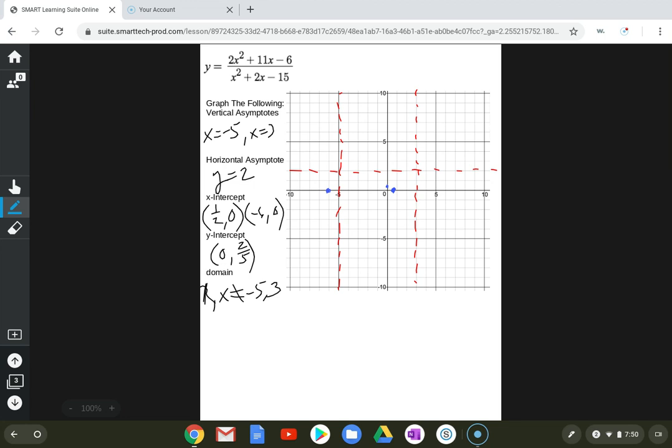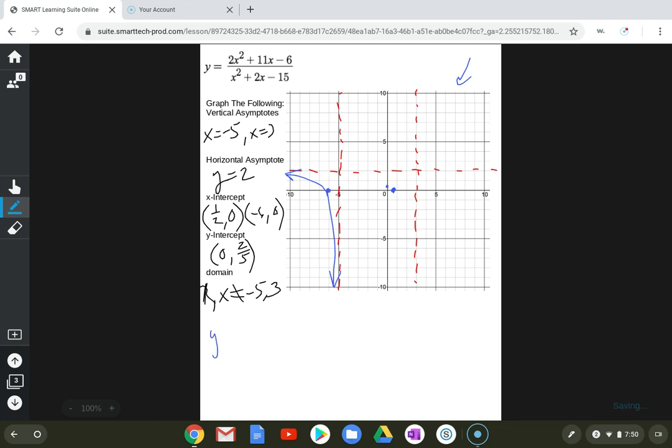Okay. All right, so now how does this graph work? Well, we know that on the left side, we're going to follow the asymptotes going through that point. On the right side, we know we're going to be up in this part of the graph because we have no other x-intercepts. However, if you're unsure, just plug in a number that is on the right-hand side of the vertical asymptote.